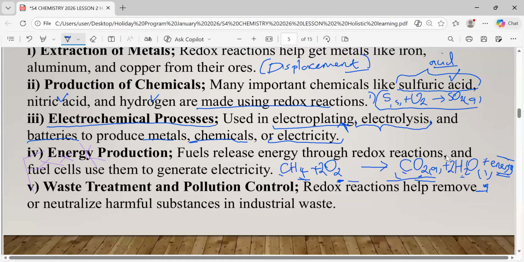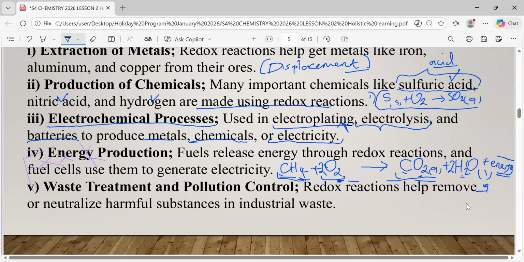We shall see which one is undergoing oxidation and which one is undergoing reduction between methane and oxygen. We are going to look at that in today's session as we look at oxidation numbers, and in just a few minutes we shall be able to do it.